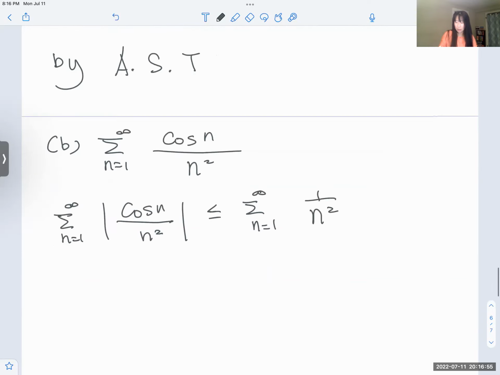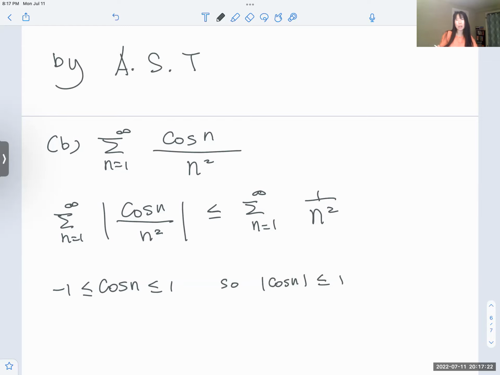You know why? Because cosine n is always between -1 and 1, bounded. Make sense? So does sine x, right? So the absolute value of this is at most 1.